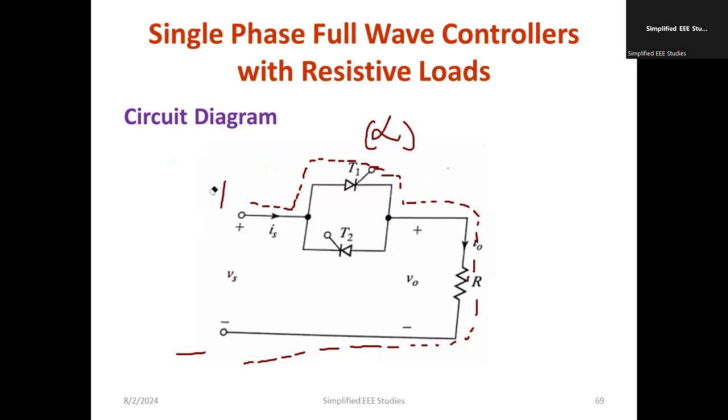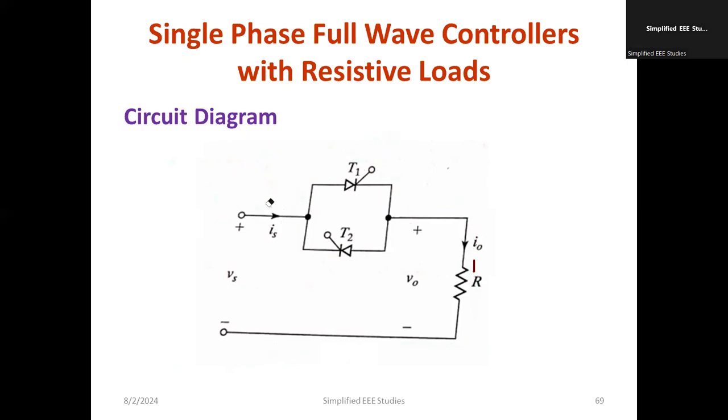Now, what is the next condition? You already know that an AC waveform has a positive half cycle as well as a negative half cycle. Now we'll see what will happen during the negative half cycle. First of all, I will draw how it works. Negative half cycle means negative comes over here, positive comes over here. Correct?